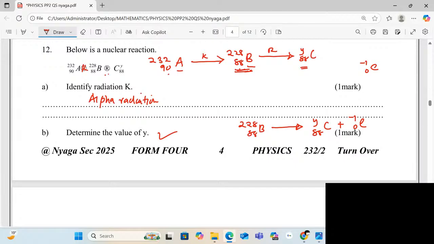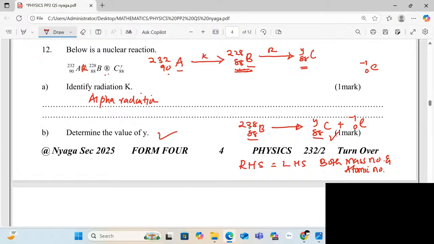So how are we going to get Y? The right hand side must be equal to the left hand side, both mass numbers and atomic numbers. So 88 and 88, they are very much correct.